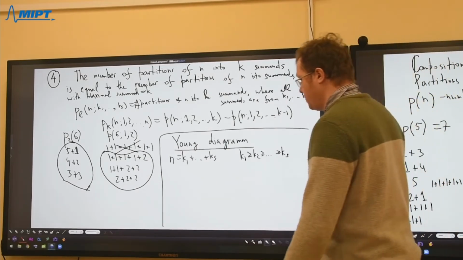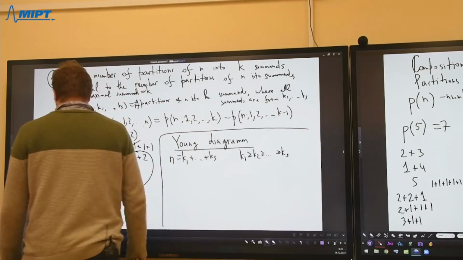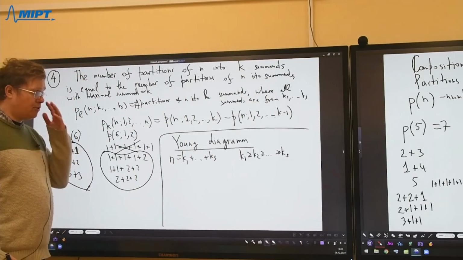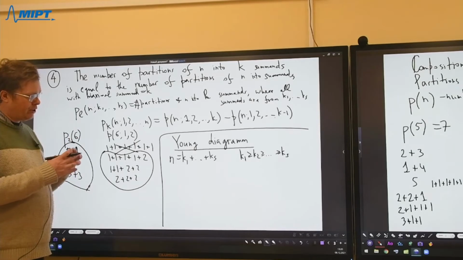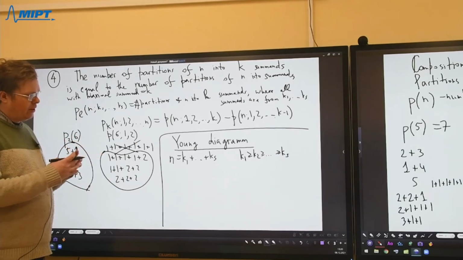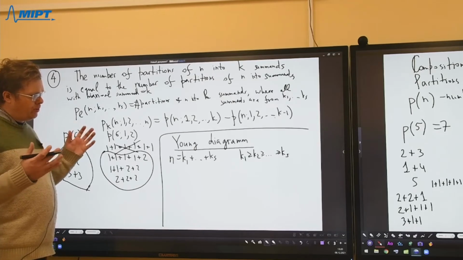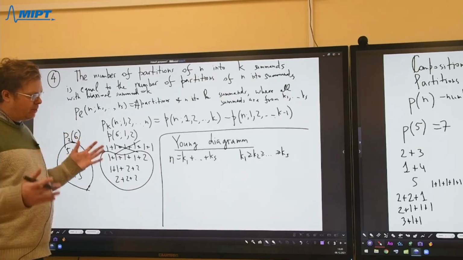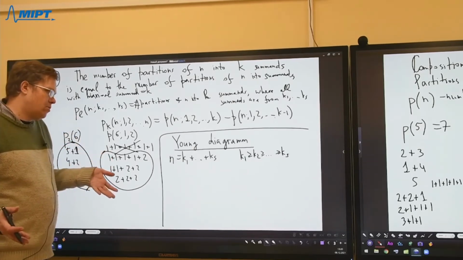I usually use cells for Young diagrams, but they also use dots. We can draw the upper row to be of maximal length.